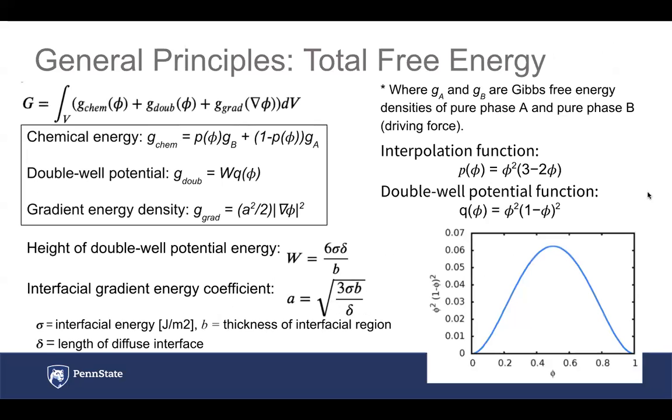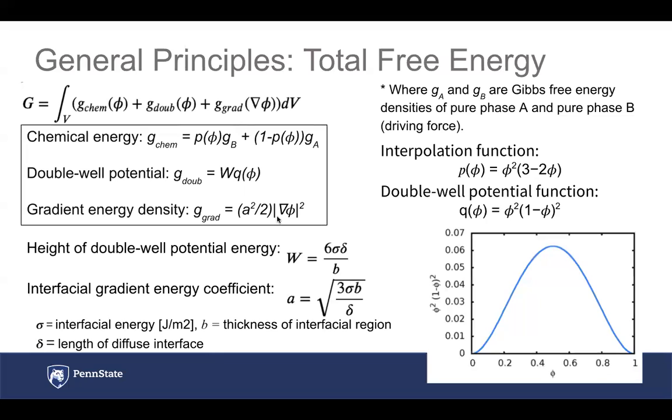Then we'll talk about the total free energy. The total free energy is the summation of the chemical energy for both phase A and phase B, then the double well potential energy and the gradient energy density.